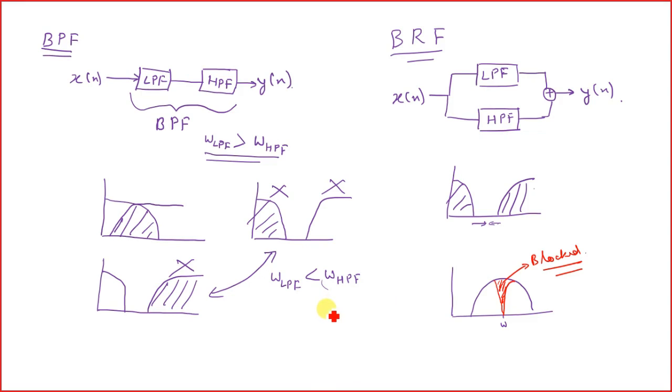It should be lesser. The frequency of the low pass should be less than the high pass frequency, then it will be the band reject filter. Exactly. And you have to put it in this configuration. If you put it in the cascaded form, in a series form, you will get nothing. Okay.